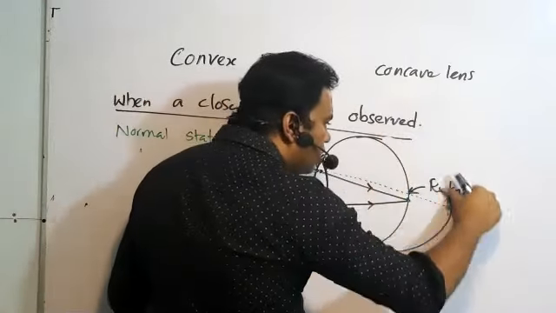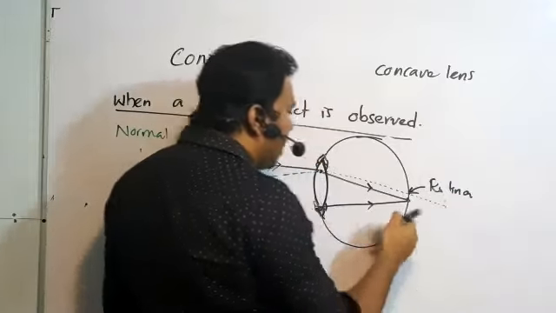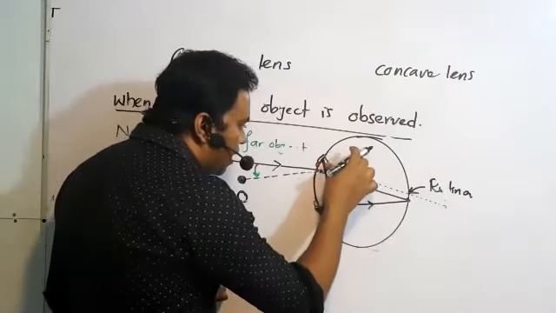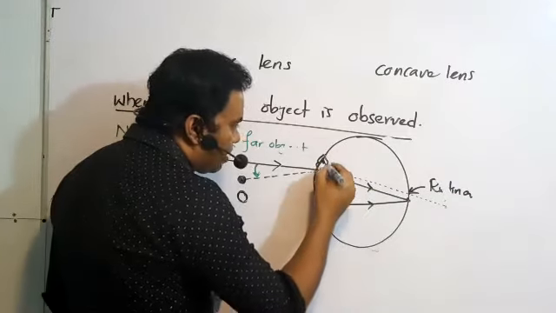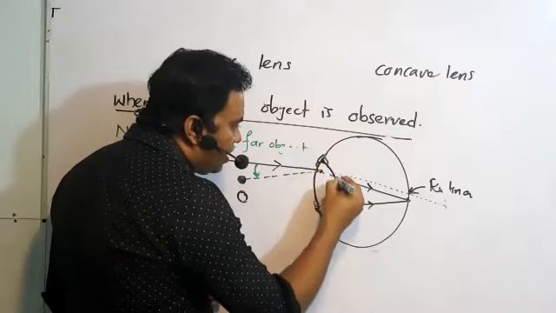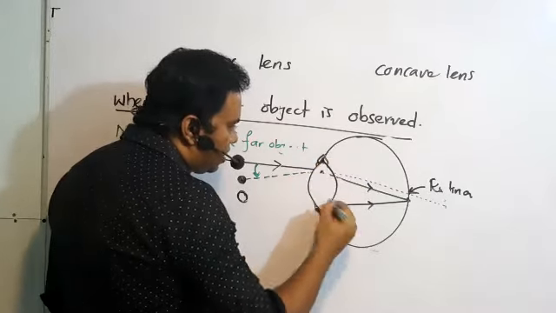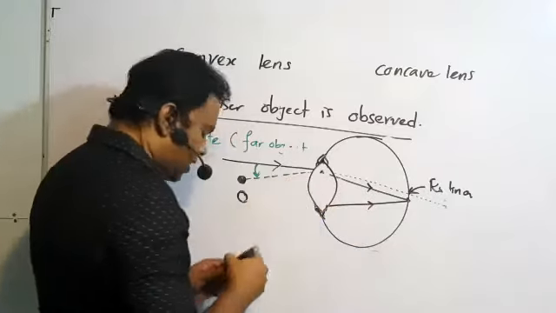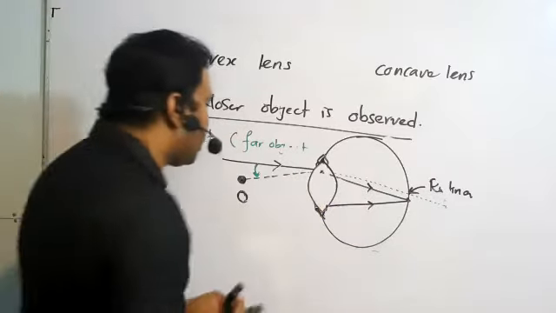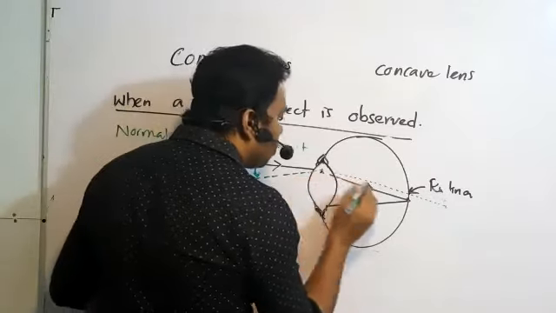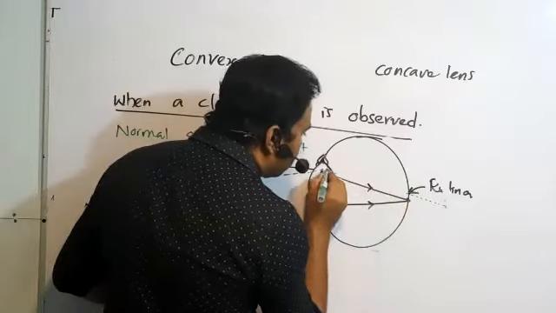Instead, what does your eye do? It changes its curvature like this, and focuses this light ray directly onto the retina.